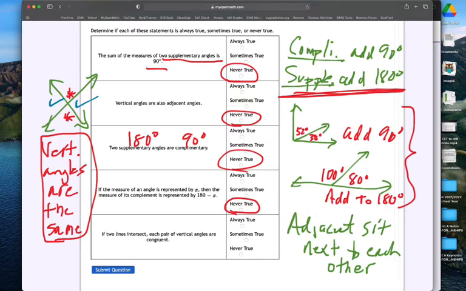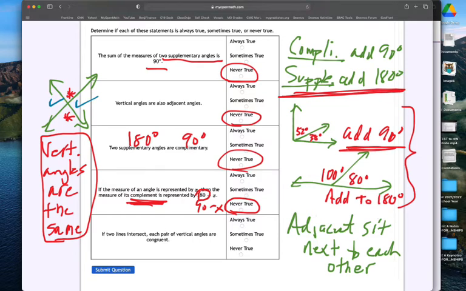And just so you know, these kinds of questions are not always just never true, never true, never true. It just happens to be in this one. For this to be even remotely true at all, this would have to be 90 minus x, because once again, complements of each other have to add up to 90 degrees.